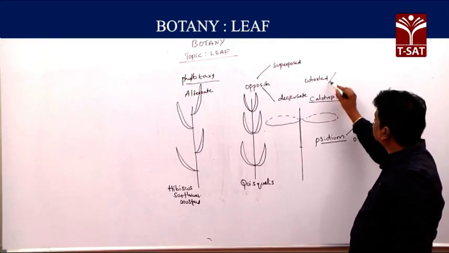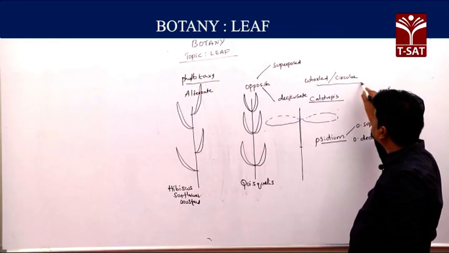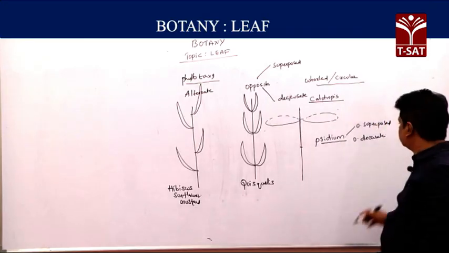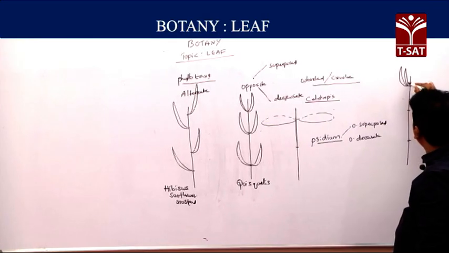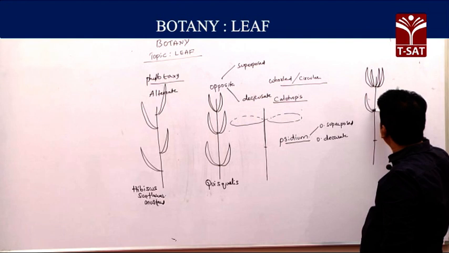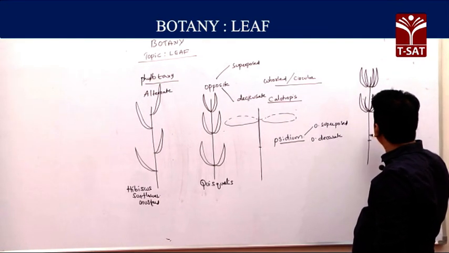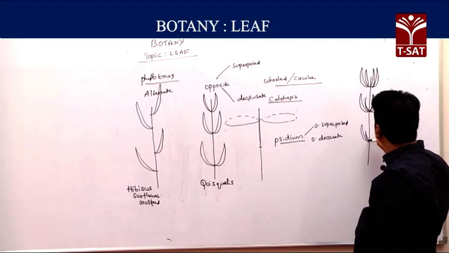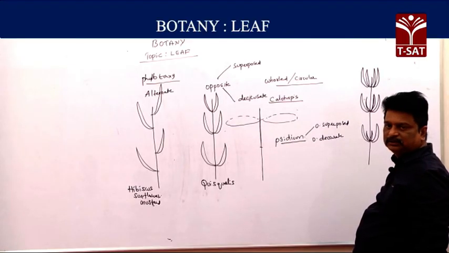And next one is whorled phyllotaxy. This whorled phyllotaxy is also called circular phyllotaxy. In this circular or whorled phyllotaxy, more than two leaves develop from each node, and all those leaves are arranged in a circle, called circular phyllotaxy or whorled phyllotaxy.